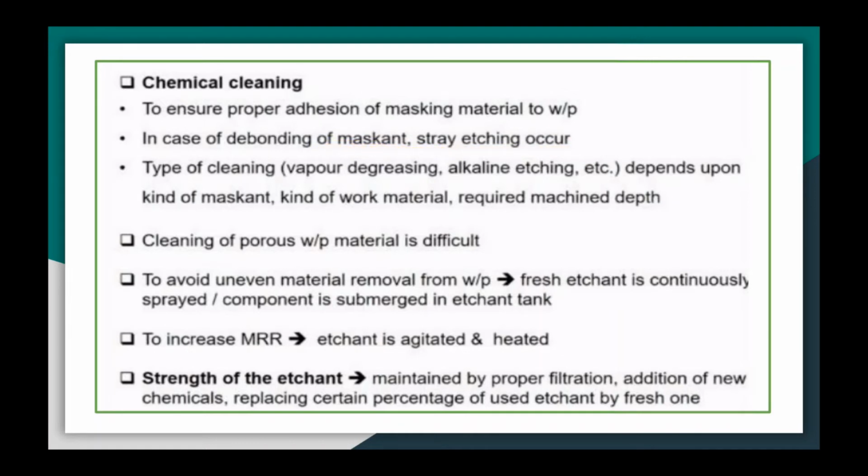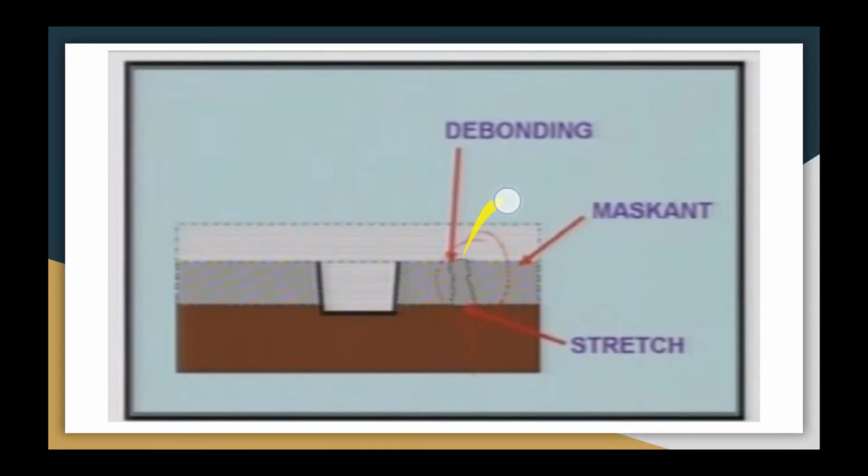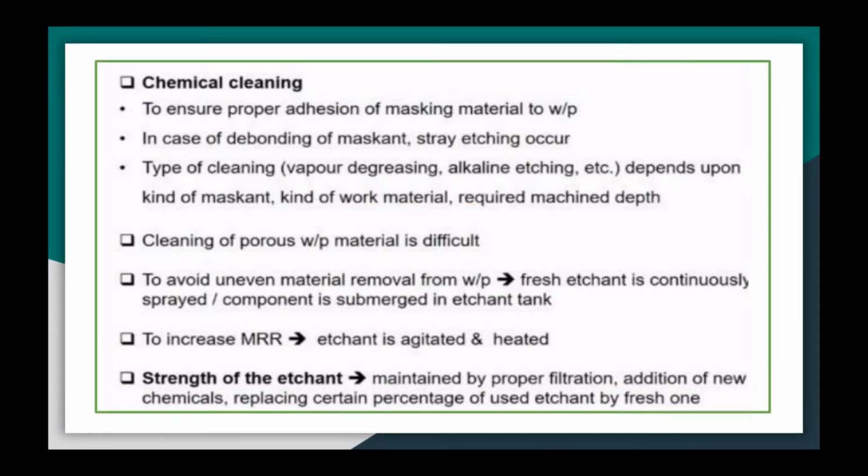Okay, whatever I have mentioned in the earlier slide, if material is being removed from the debonded area, you can see here also, that will be called stray cutting, just like stray cutting in the electrochemical machining process.